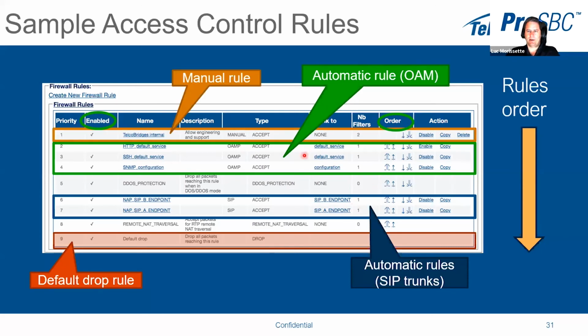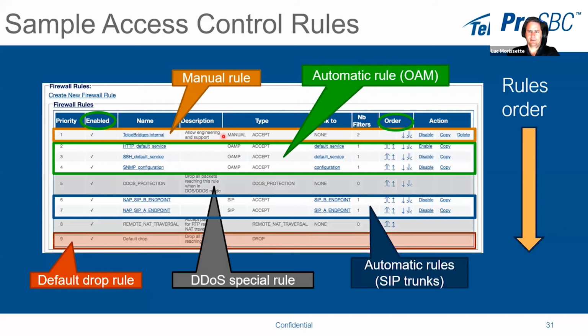You can do some manual rules. So this was an example that we did. So this is to reach the system from an internal network. And you have here the DDoS special rule, so that when this kicks in, anything else below will not be accepted anymore. Okay, unless it was already accepted before.